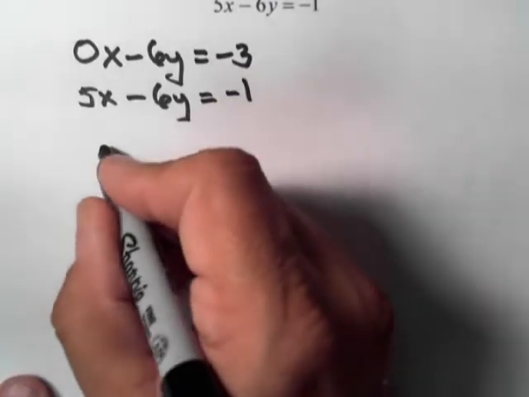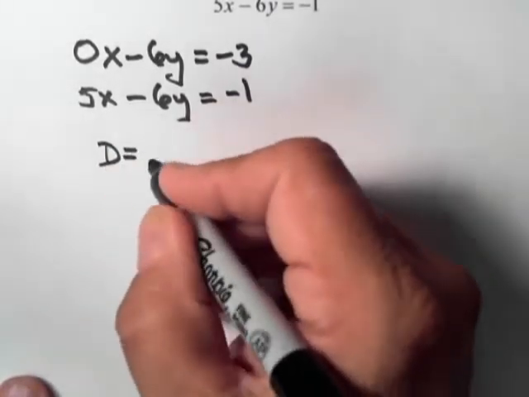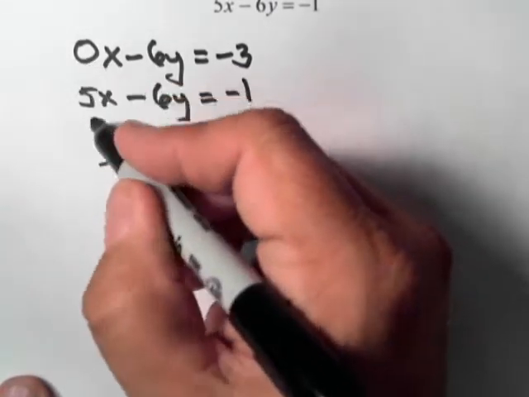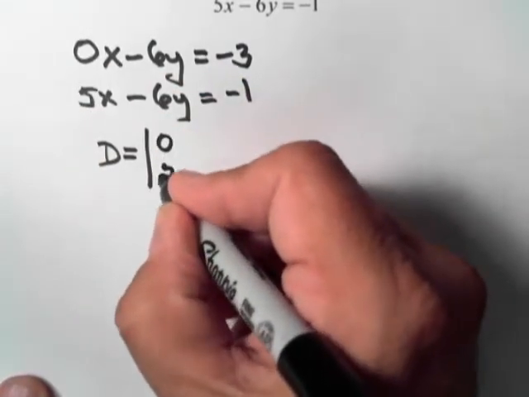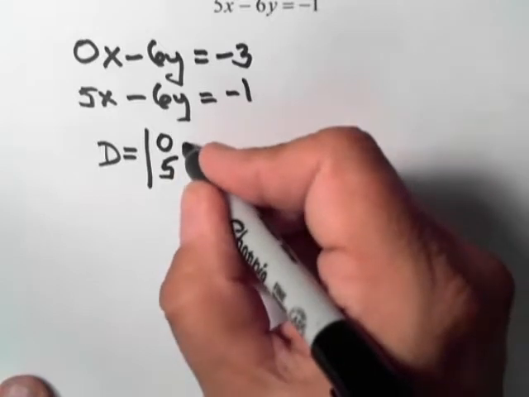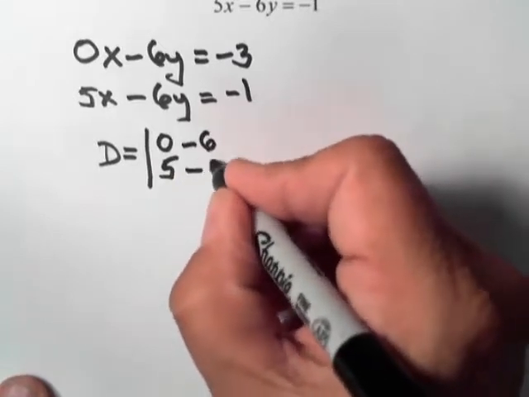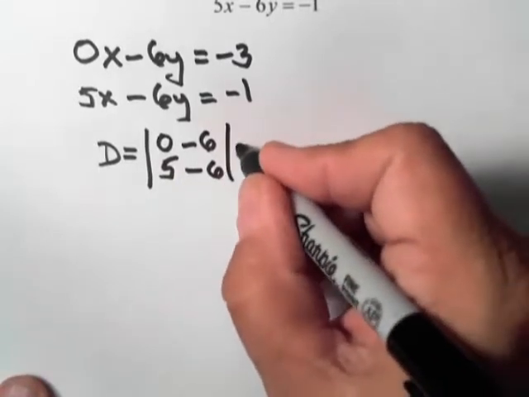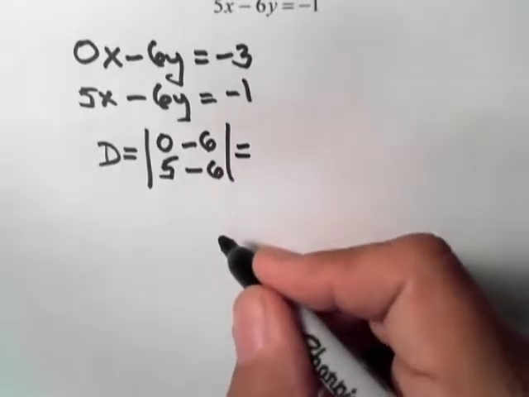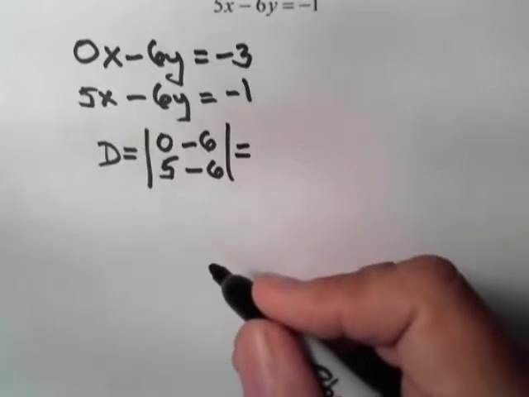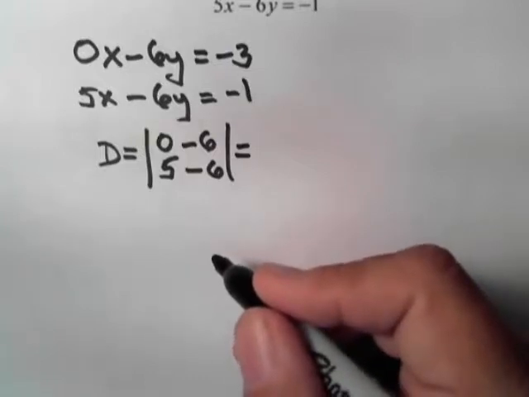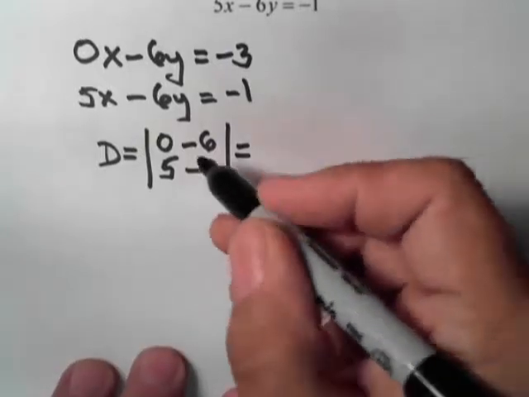The first determinant, d, okay, we're just going to grab the x and y coefficients. So for the x's, I got 0 and 5, and for the y's, I've got negative 6 and negative 6. Okay, remember, you always find this first determinant before you go on, because if it's 0, then you have a bad solution and you don't need to go on.